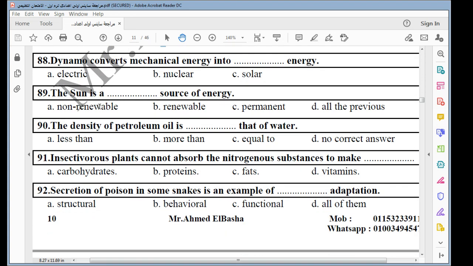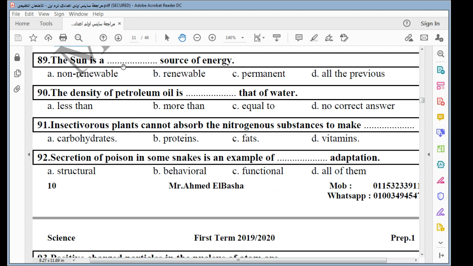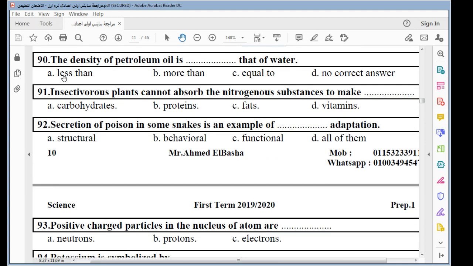Dynamo converts mechanical energy into electric energy. 89. The sun is a permanent source of energy. 90. The density of petroleum oil is less than that of water.